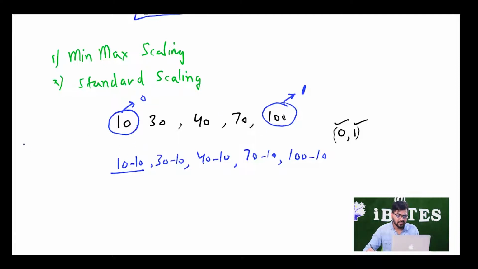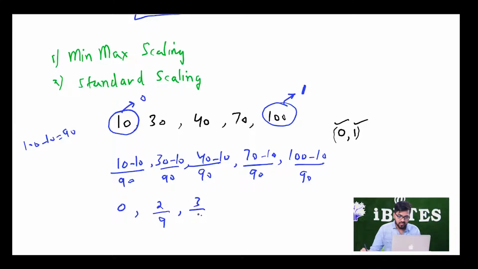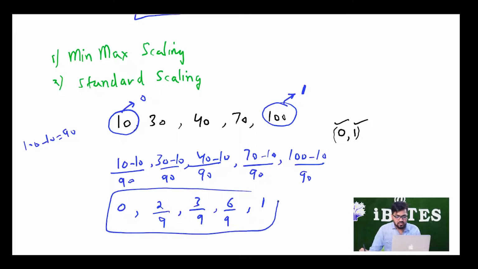So 100 minus 10 gives me 90, so divide each of them by 90. So I am going to get something like this: 0, 2 by 9, 3 by 9, 6 by 9 and 90 by 90, that is 1. So these values have been scaled to 0 to 1. This is how we achieve min-max scaling.